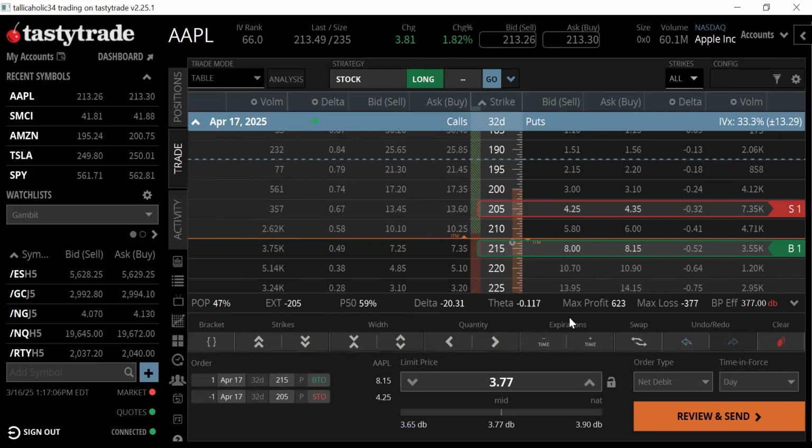So what you do is you take the purchase price for your option, 377, and you're going to add it to that long strike. On the call side, we added it to these lower strikes. On the put side, you're going to add it to the higher strike, this long strike here, the 215, and then you're going to subtract it. So 215 minus 377, that's going to give us right around that 212 range.